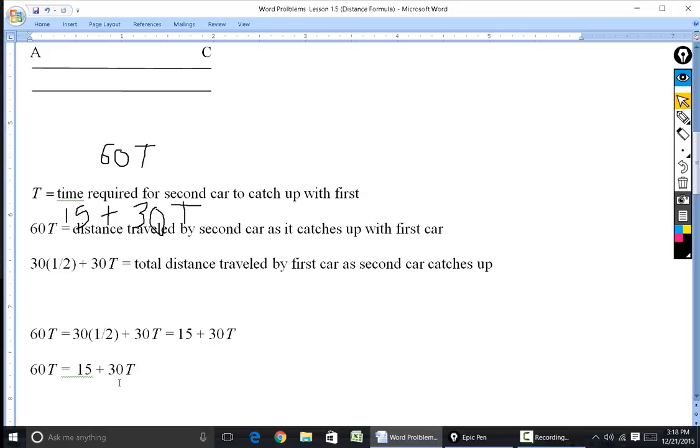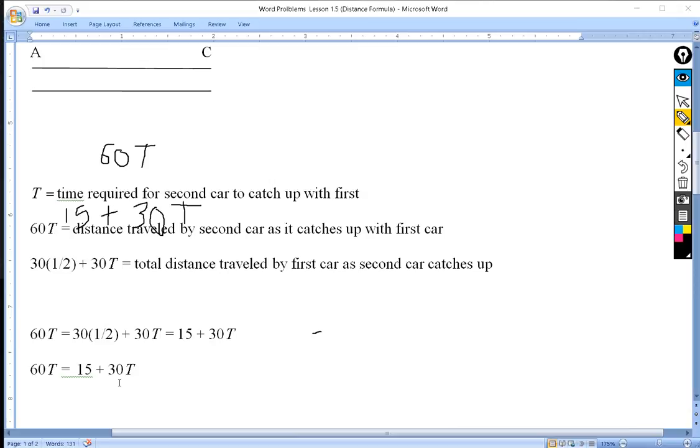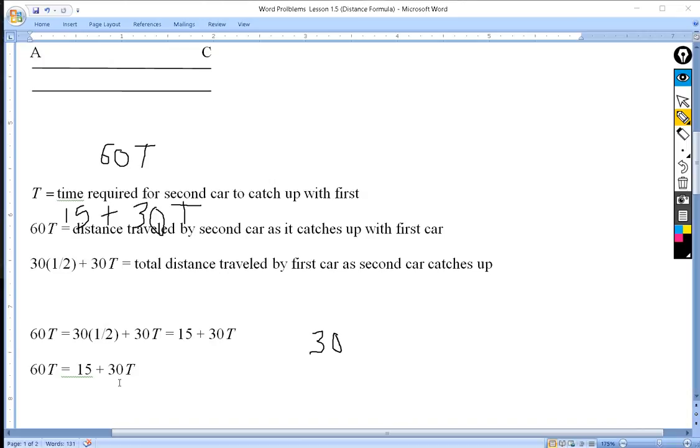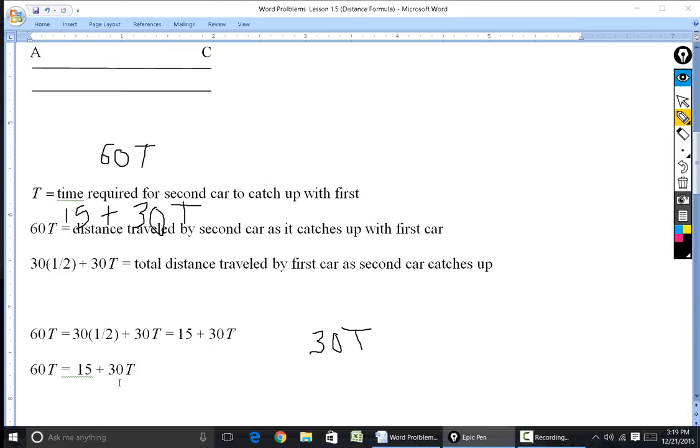So if I subtract 30t from both sides, solving for t, the left side will give me 60t minus 30t, which is 30t. And subtracting it from the right side, 30t minus 30t gives me 15.